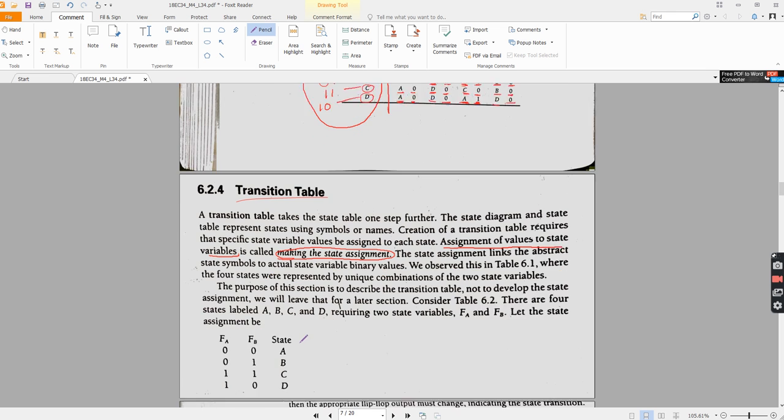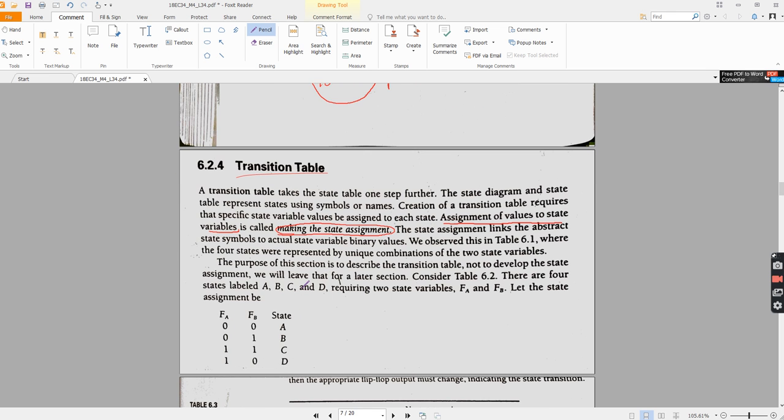Always remember this. The notation is capital F subscript small a, and this is F subscript small b. Once you write a transition table, you have to write this table.